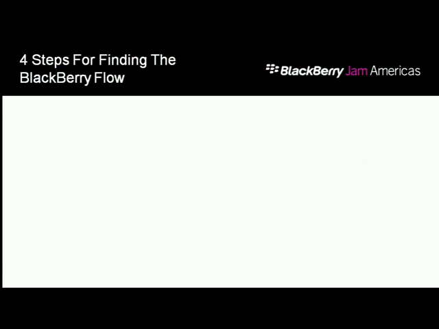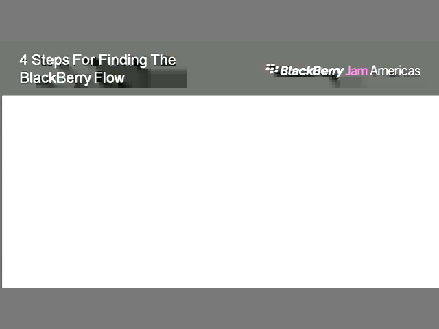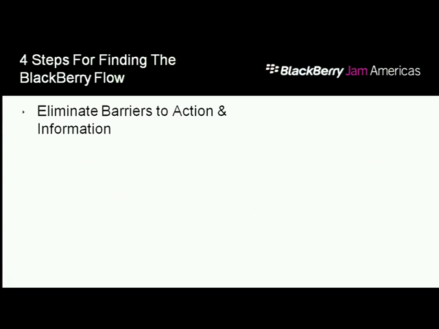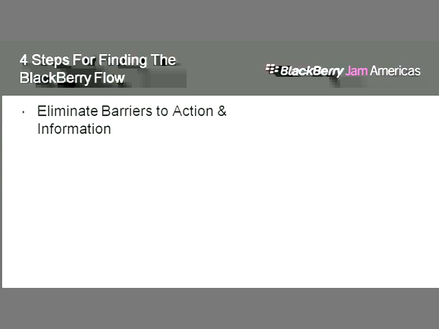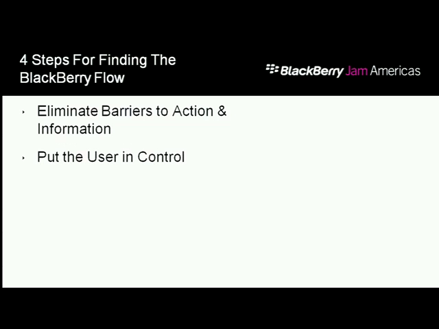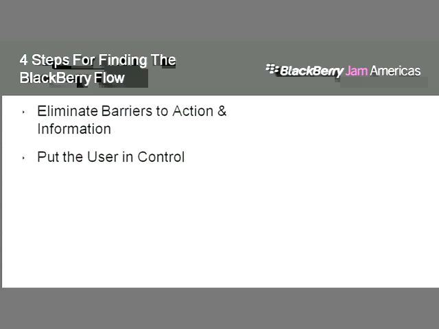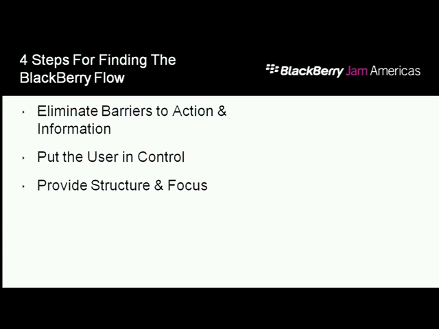The first principle or step is to try, in the UI, to eliminate barriers to action and information. The second step is to make sure to put the user in control. The third step is to provide structure and focus in the UI.